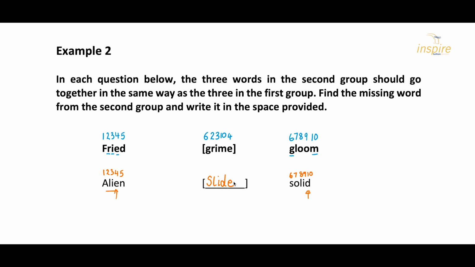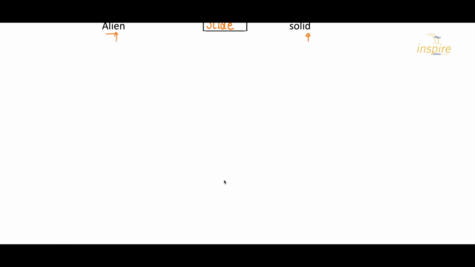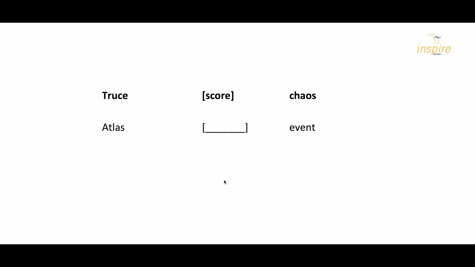Okay, that's a very straightforward example. Let me show you another example, which is a little bit more tricky. Let's now look at this example. On this example, we're going to do the same thing.